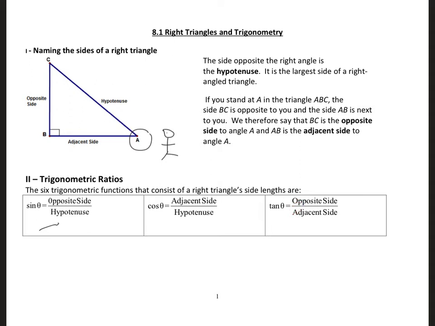The way to remember this is using SOHCAHTOA. Remember, sine is opposite over hypotenuse, cosine is adjacent over hypotenuse, and tan is opposite over adjacent.